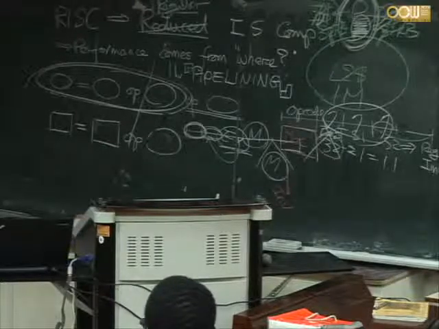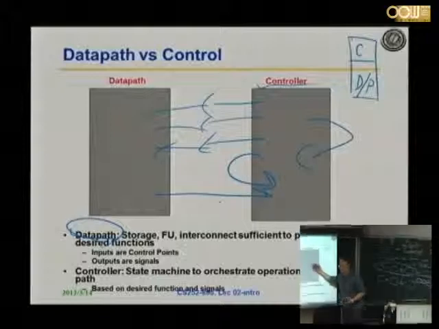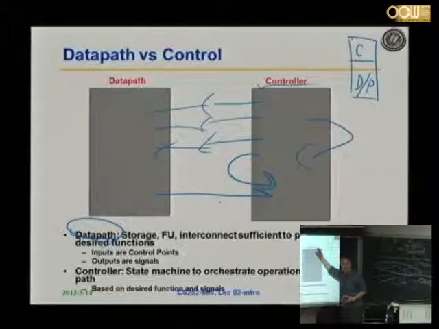Very simple design. Now you all understand what's in the controller? Question? Now you understand the basic function of the controller.